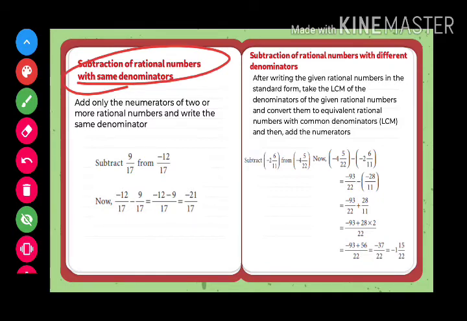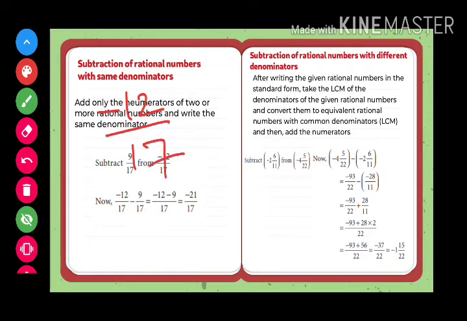Subtraction of rational numbers with same denominators. Whatever we have seen for addition, the same applies here for subtraction also. Here we have to look into the word 'from' carefully. From, in the sense we have to subtract this number from this number. So which number should we write first? We should always write minus 12 by 17 first and then subtract 9 by 17 from it.